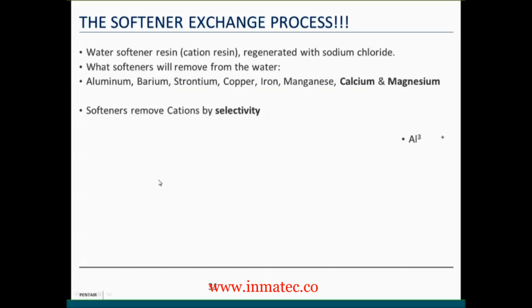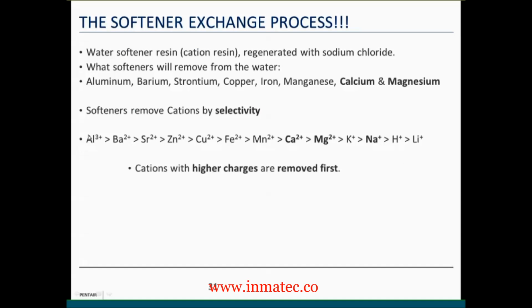So this selectivity is important to understand if we have troubled waters where it's difficult to regenerate, so that we can remove the things we wish to remove. Cations with the higher charge are removed first, and they're held more tightly.